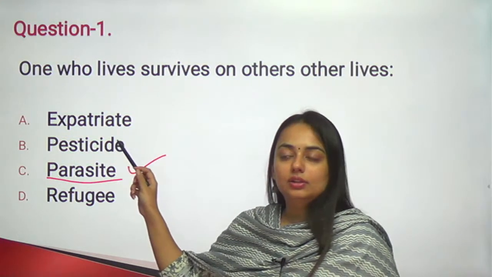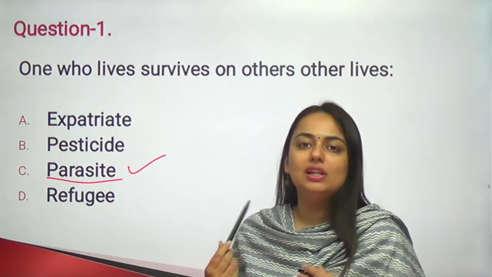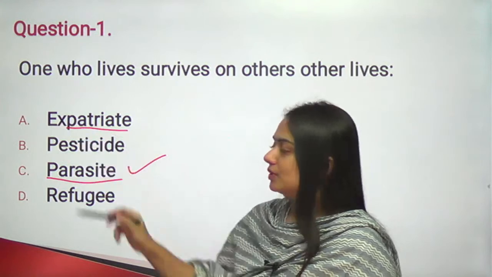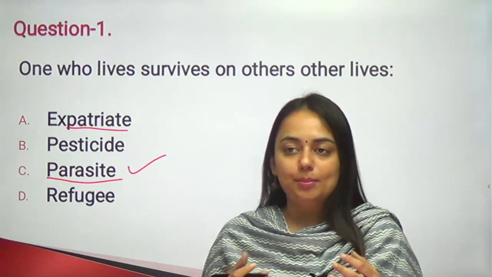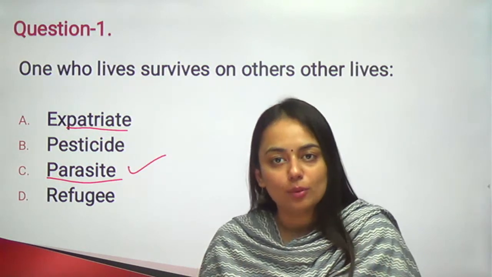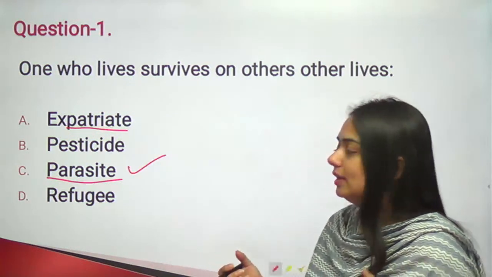Pesticides are the drugs or medicines that you use for killing pests. Expatriate is a person who has withdrawn from one's native country. For example, if a person has left India and is no more living in India, then you would call him an Indian expatriate.